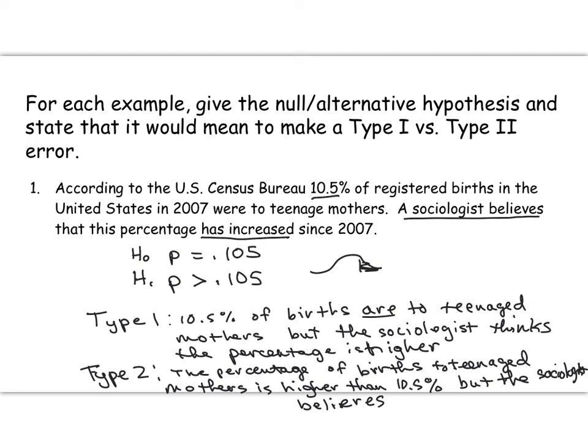I think I spelled believes wrong. Nope, that was right the first time. Okay, so that's a type 2 error. When our alternate hypothesis is true, but we fail to reject the null hypothesis.